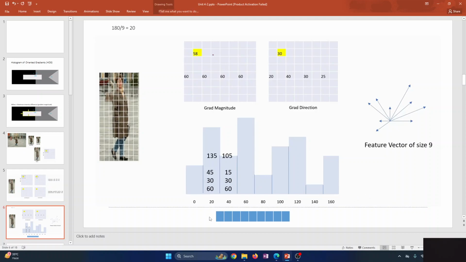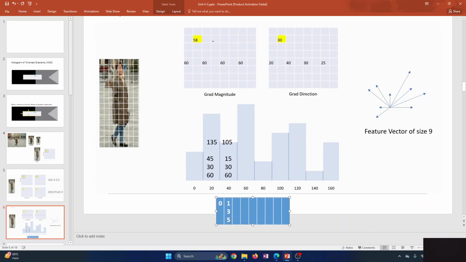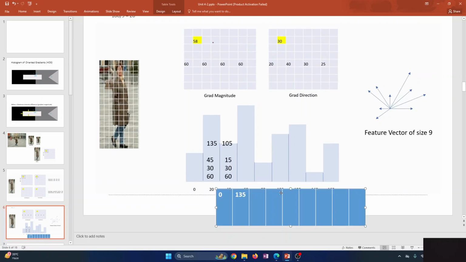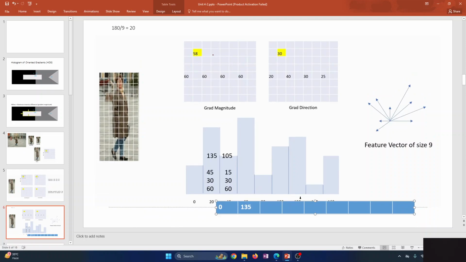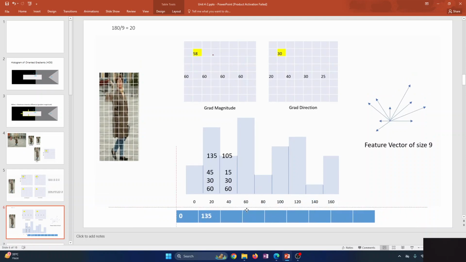Our feature vector will consist of the values corresponding to these. Let's suppose this is your feature vector: 0, 135, 105 and likewise. There will be some value, some value, some value. So this is your feature vector. Is this clear?